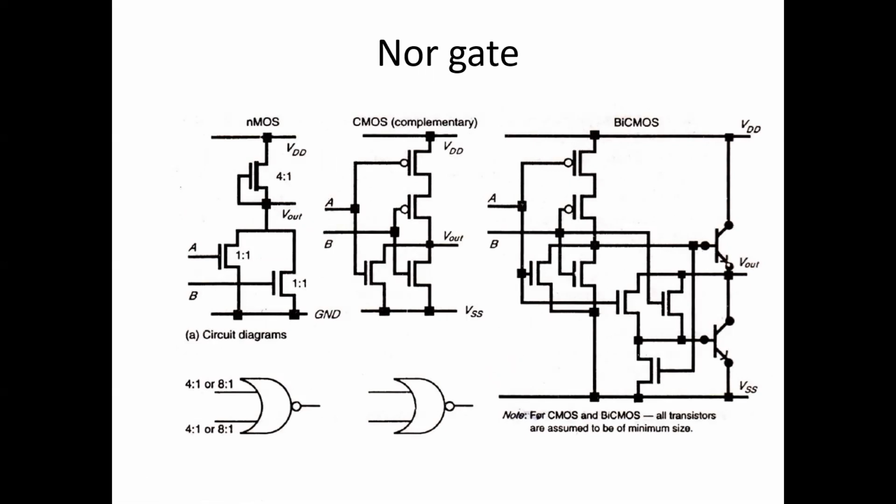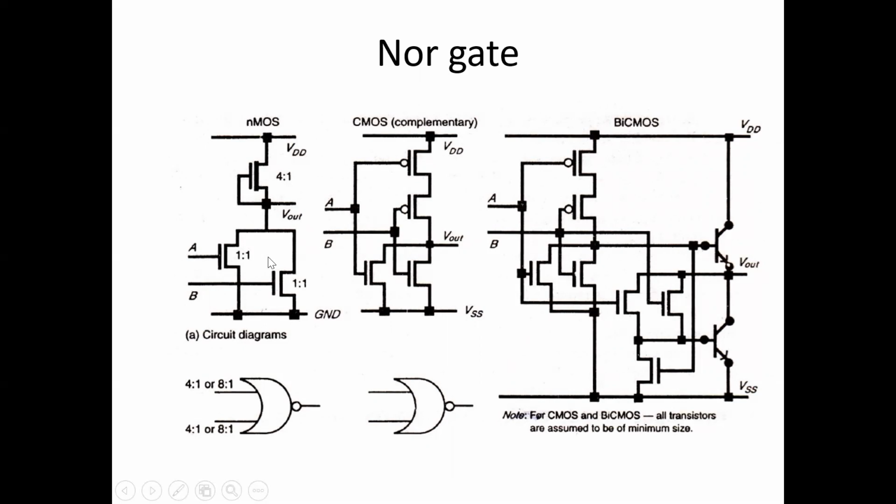And then next, coming to the NOR gate, the NMOS NOR gate will occupy more area compared to the NMOS NAND gate. And again, in the CMOS, it is as fast as the inverter, and it is a preferred inverter circuit.